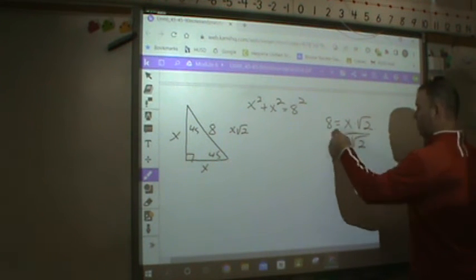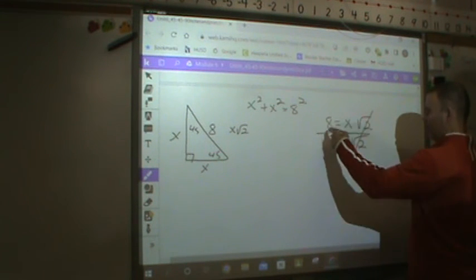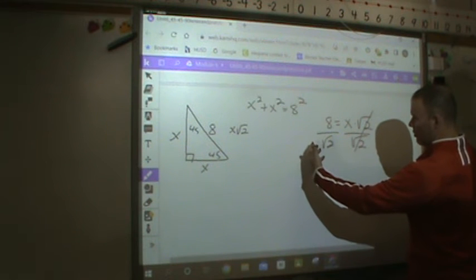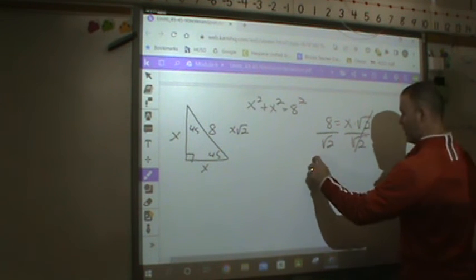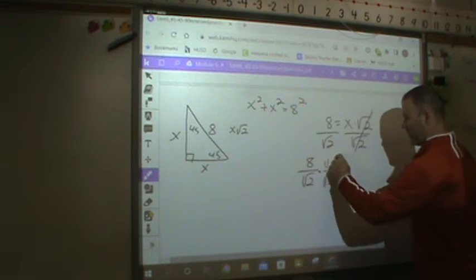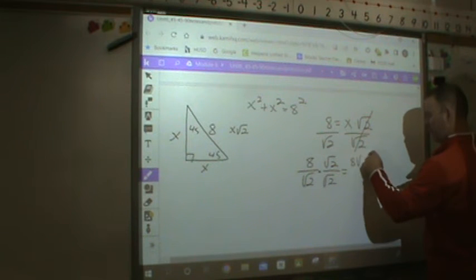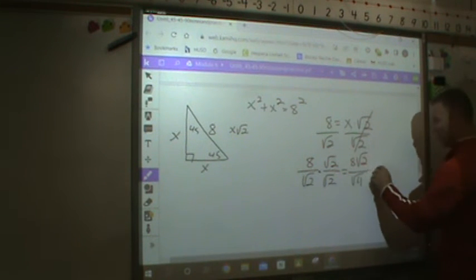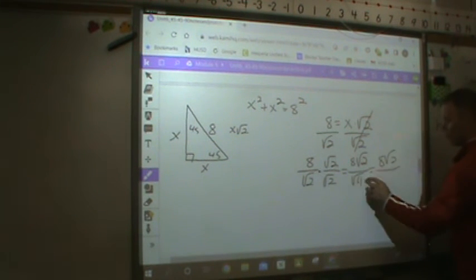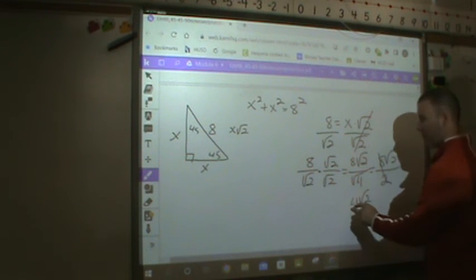I divide by square root of 2. Okay? And then wait a second, I can't have a radical in the denominator. So how do I do that? I take 8 over square root of 2, and I rationalize it by multiplying it by itself. So this becomes 8 rad 2 over rad 4, which becomes 8 rad 2 over 2, and this simplifies to 4 rad 2.